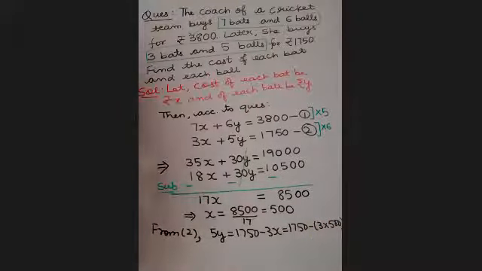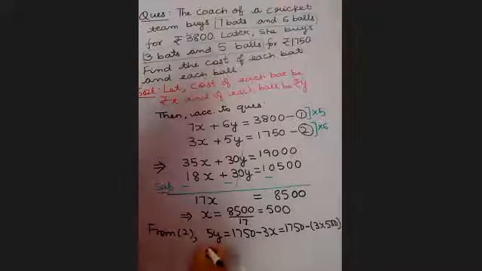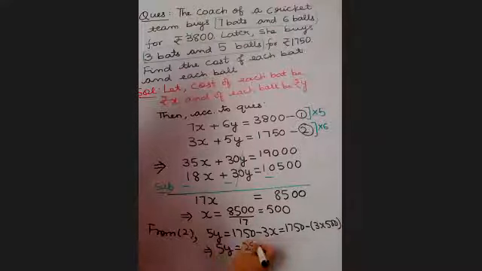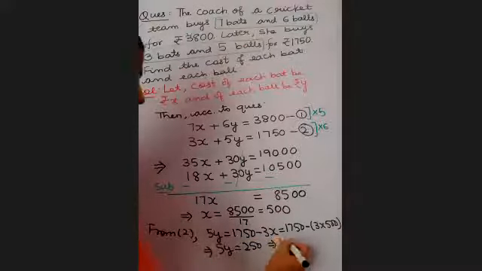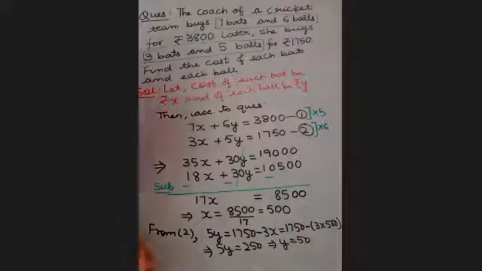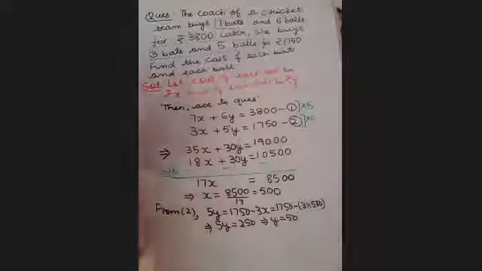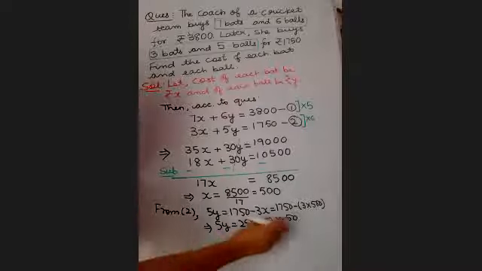Now 3 into 500 is 1500. So this gives me 5y equal to 250. So y is equal to 50. Now we need to put the final statement. Thus, the cost of each bat is rupees 500 and of each ball is rupees 50.